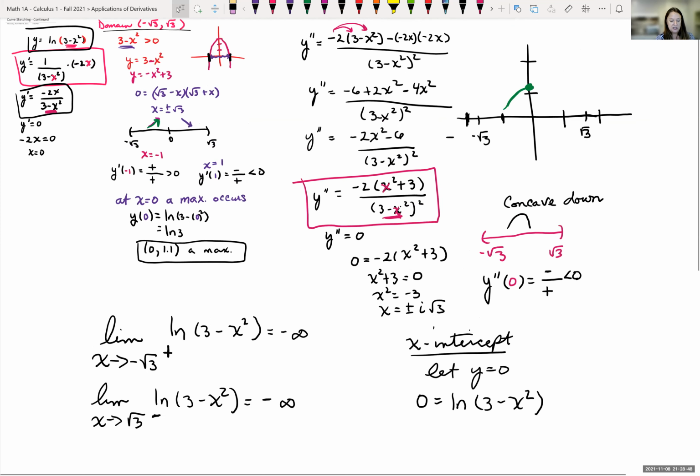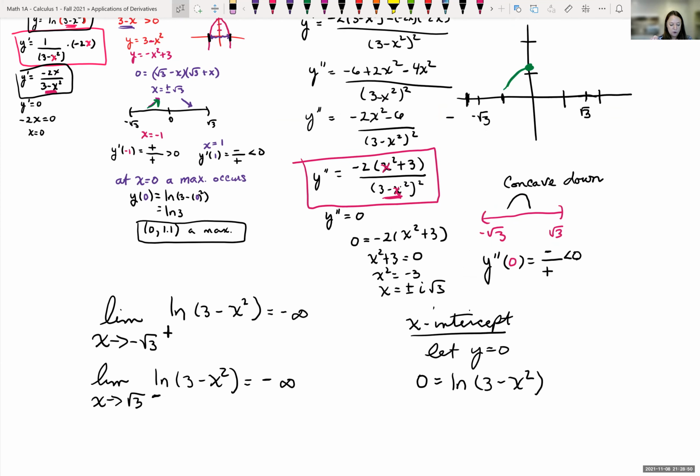Okay, so let's just rewrite this in exponential form. Remember, natural log is log base e. And so the equivalent of this in exponential form is e raised to the 0 is equal to 3 minus x squared. Well, anything raised to the 0 other than 0 is 1. So we get 1 is equal to 3 minus x squared.